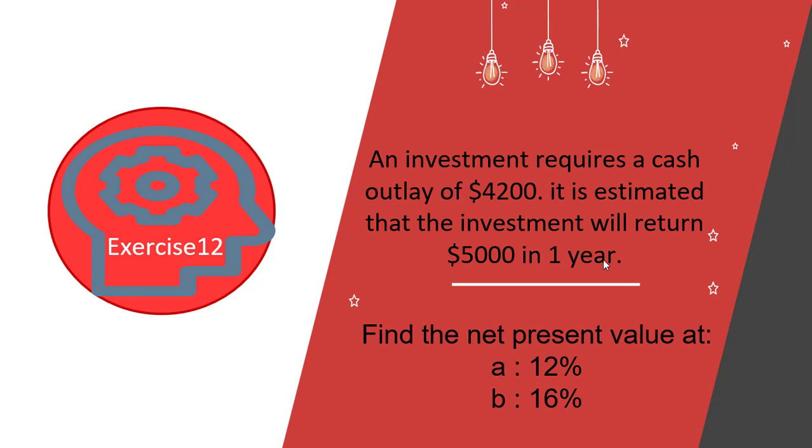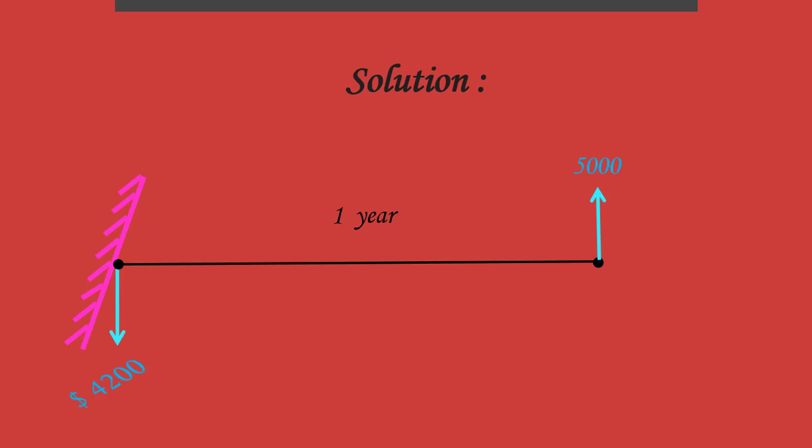So the cash outflow here equal to $4,200. The cash inflow equal to $5,000. The required: find the net present value at A, 12%, and B, 16%. Also, we need to draw the timeline or time diagram.